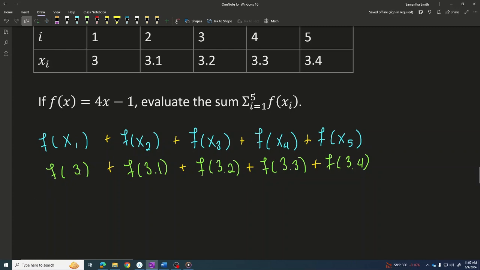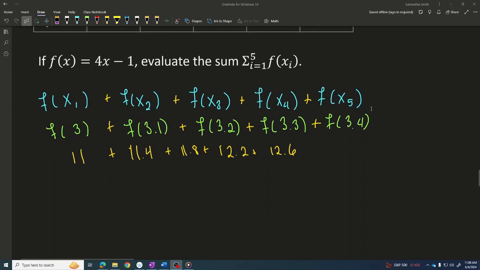Now f of 3 is easy enough for me to calculate by hand. If I plug x equals 3 into this function, then I get 3 times 4, that's 12. 12 minus 1, that's 11. But these other values, because they involve decimals, are a little bit too difficult for me to do manually, I think. So I'm going to go ahead and calculate those values off screen, and I'll be back in just a minute.